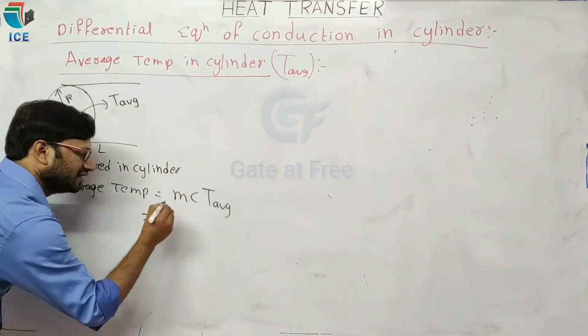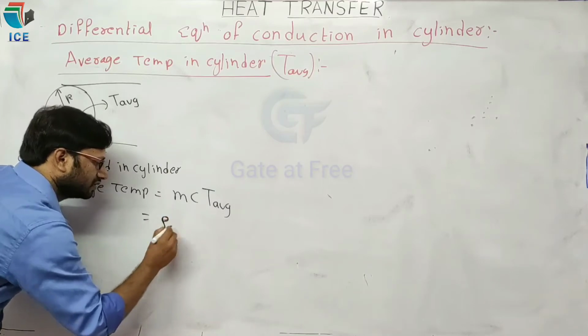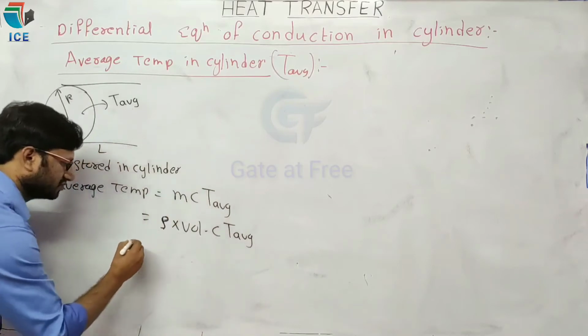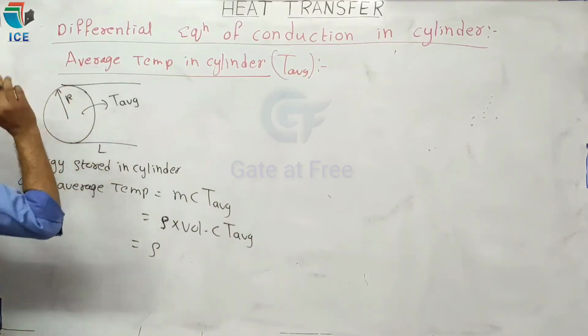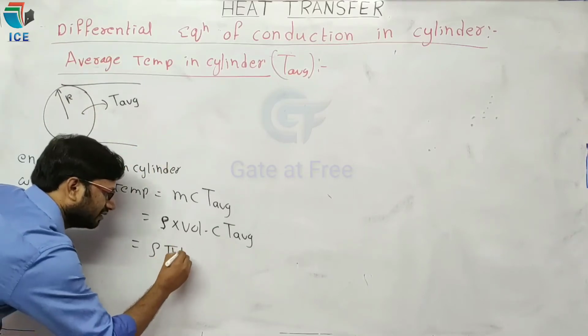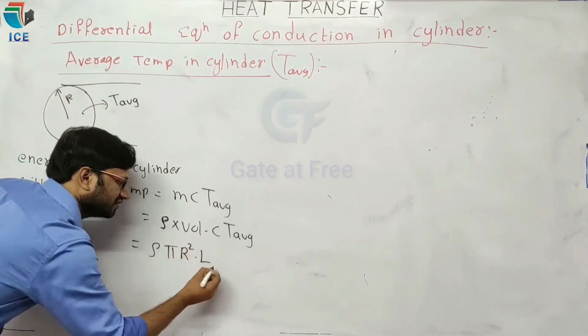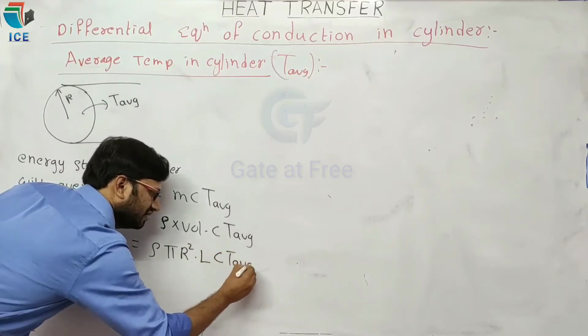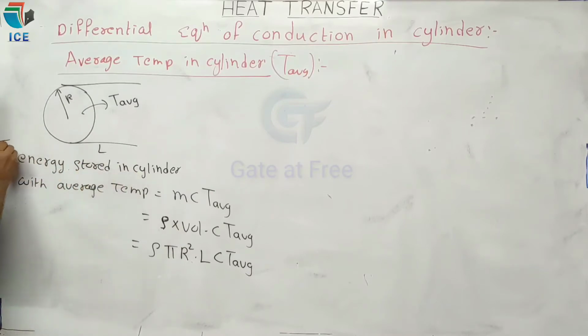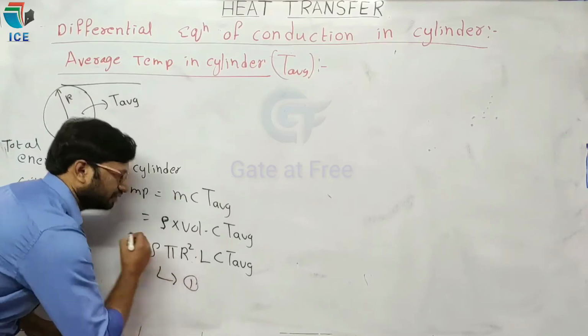Now mass can be written as density into volume, specific heat, T average. The volume of this cylinder is area into length. What is area? Pi r square into length of the cylinder. Now this is the equation for total energy stored in cylinder with average temperature. Make this equation 1.